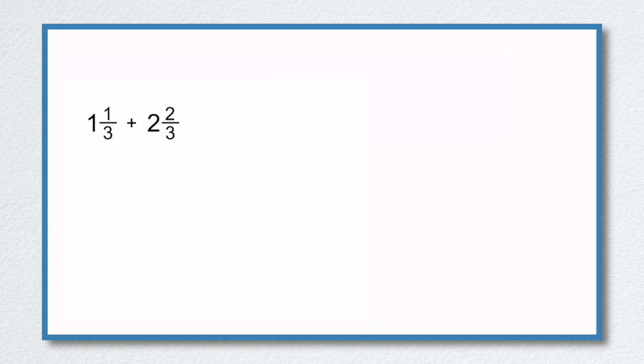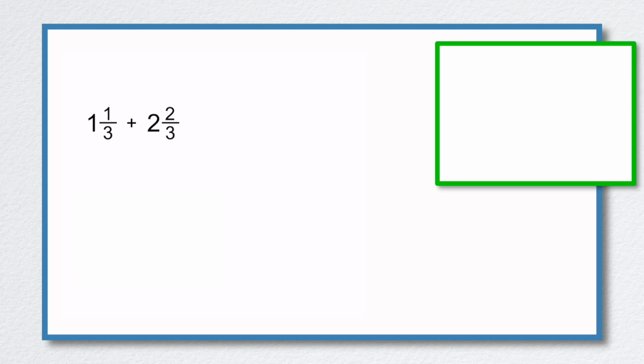1 1/3 add 2 2/3. The first thing to do is to write these mixed numbers as improper fractions. Again, I covered this in a previous video. So writing 1 1/3 as an improper fraction, this is what's going on in my head.